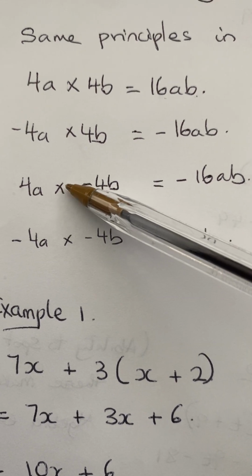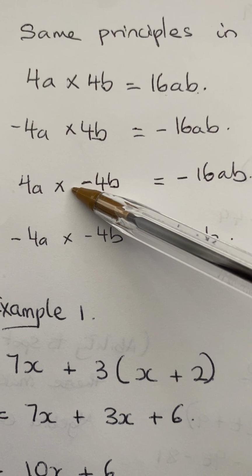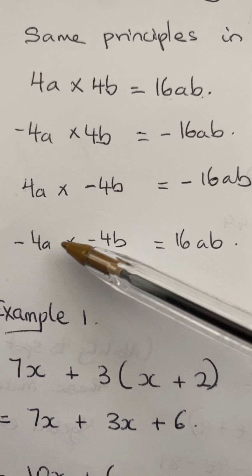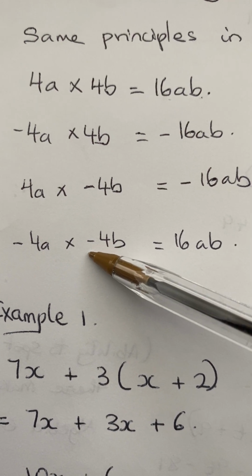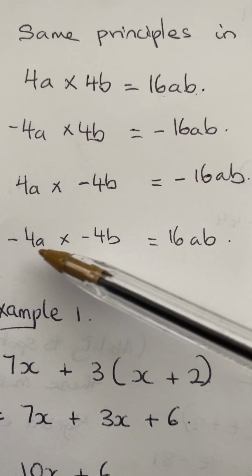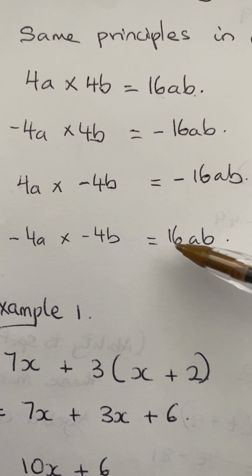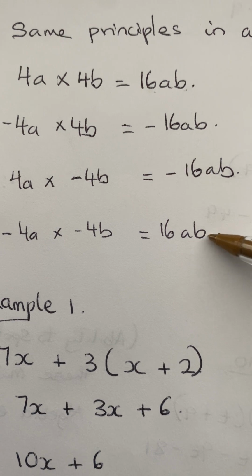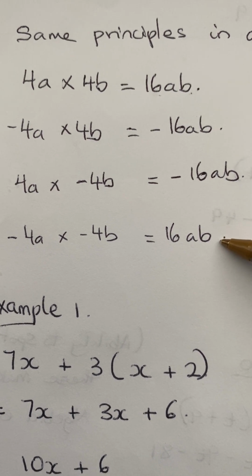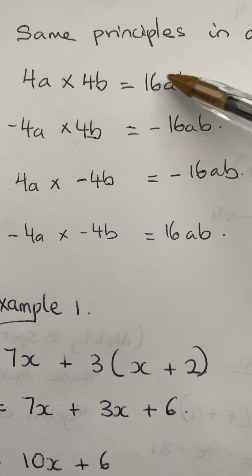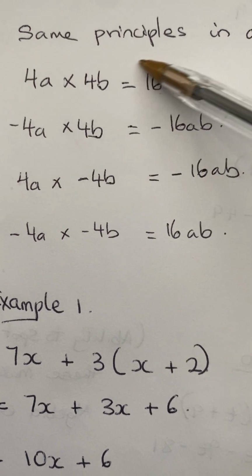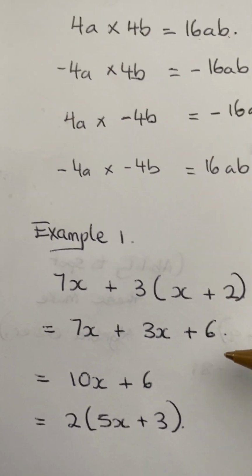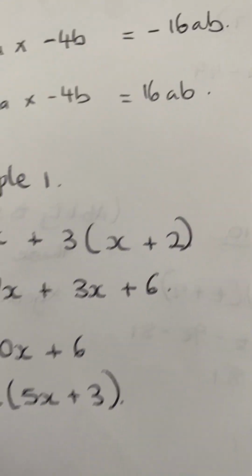And remember, when you are multiplying minus 4a times minus 4b, minus minus will give you positive, so 16ab. Please put this at the back of your mind. You can't forget this whilst we look at today's examples.